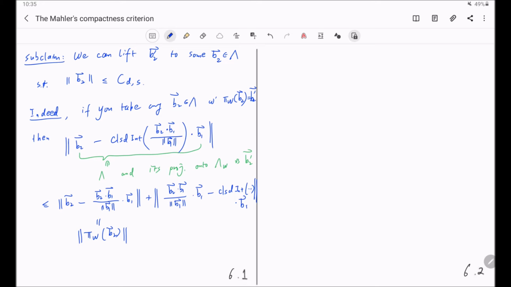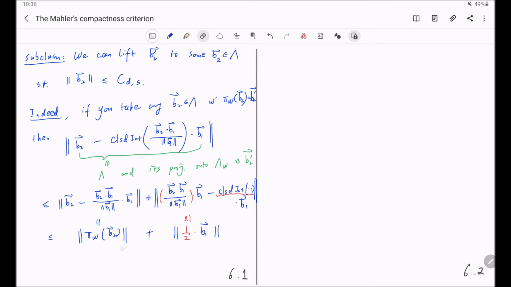And what is the second part? We know that the distance between a number and the integer closest to it is at most 1/2. And 1/2 times B1's norm will be an upper bound for this. So we bound this line by the sum of those quantities.